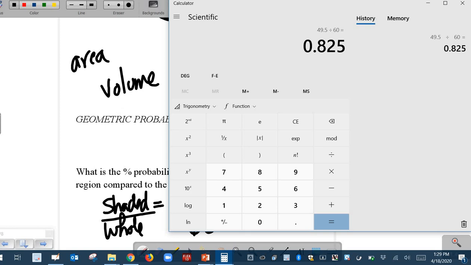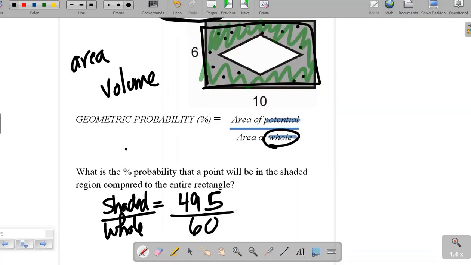And we're going to round it to the nearest hundredths place. So we get approximately an 83% probability that any random point will be in the shaded region compared to the whole.